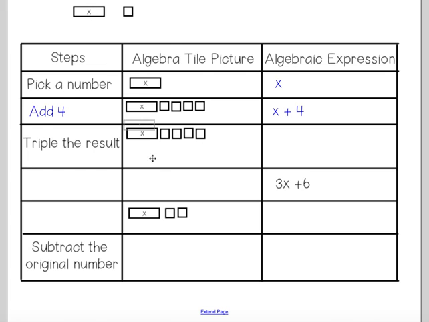So there's one group, doing the exact same thing below it. That's group number 2, and then my third and final group.